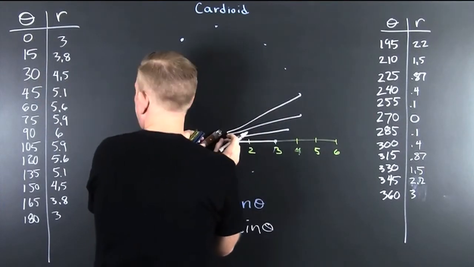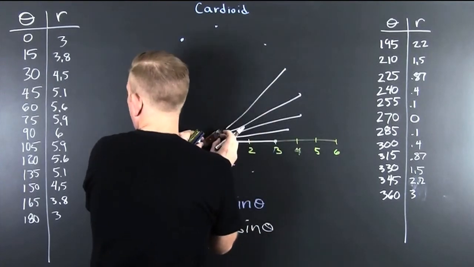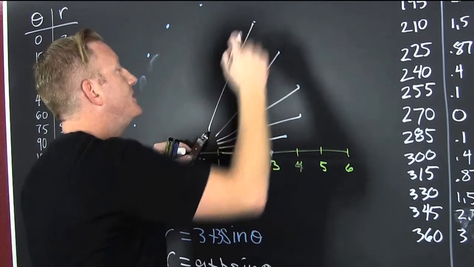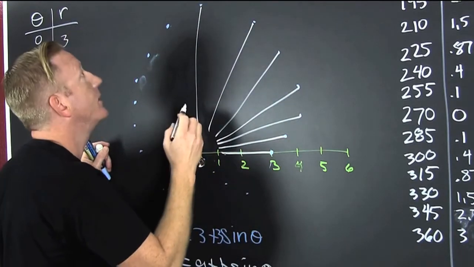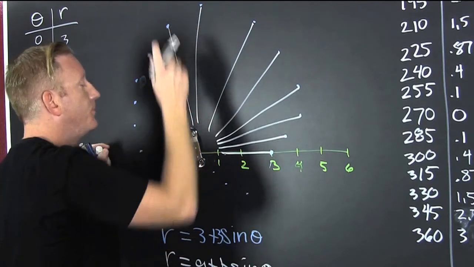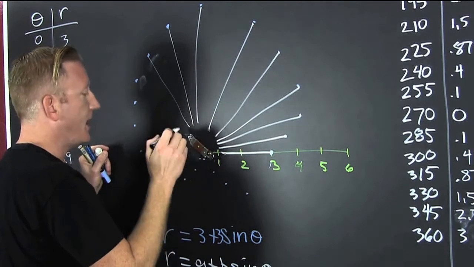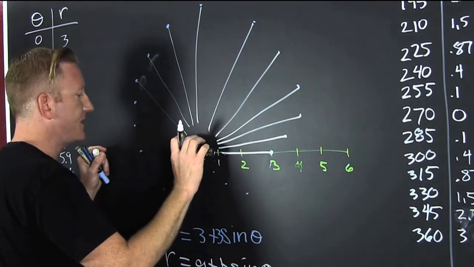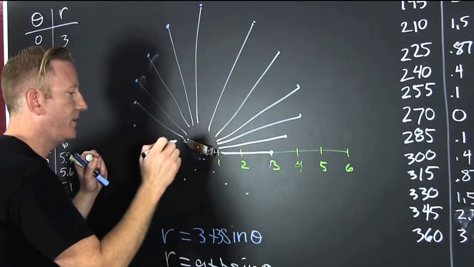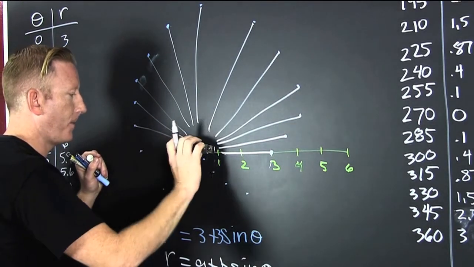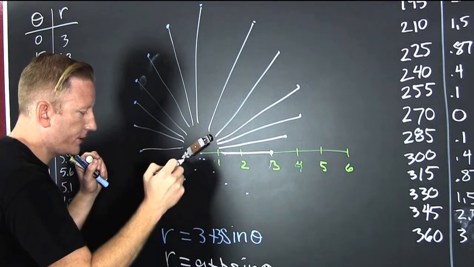Then we rotate 75 degrees and we go out 5.9. Then we rotate. This is forming the ribs of our cardioid. Boom. And we go around and we keep going out as far as they say, and then we have a cardioid.